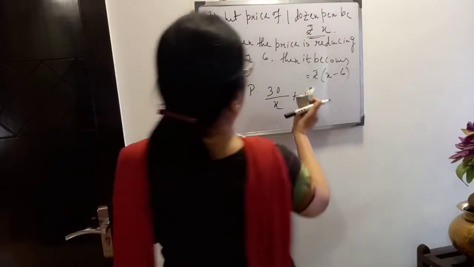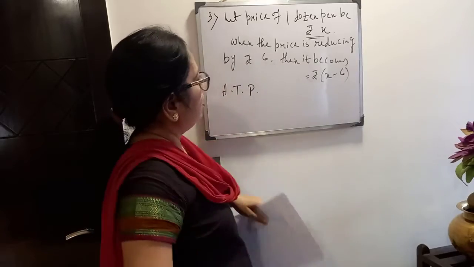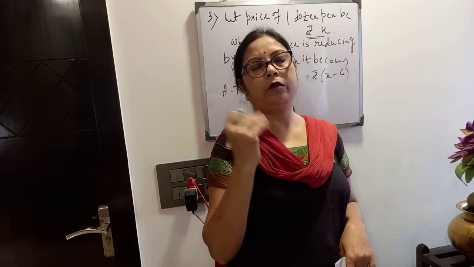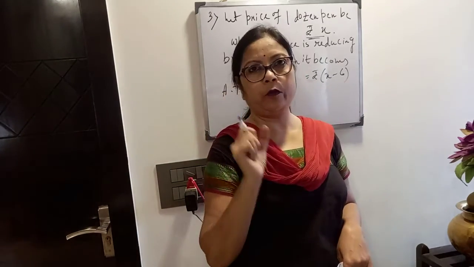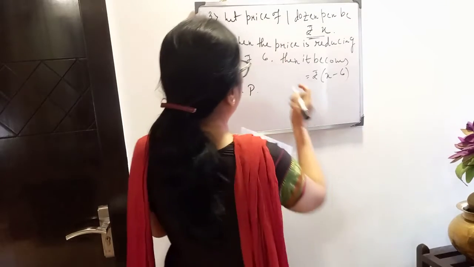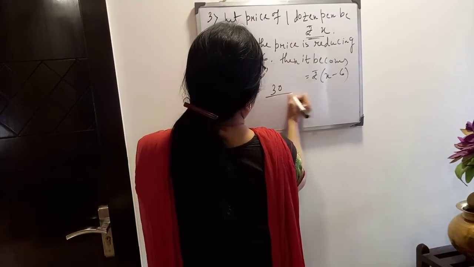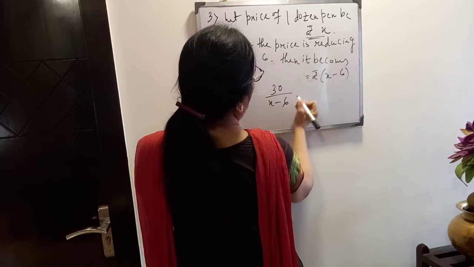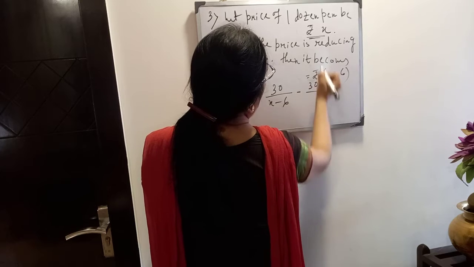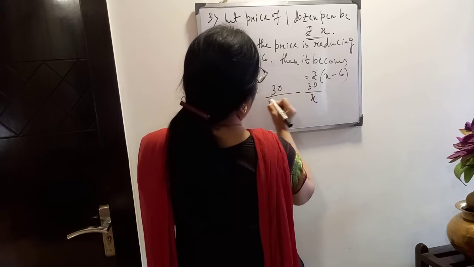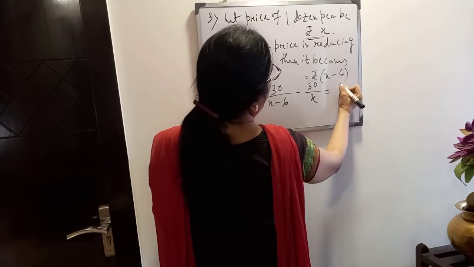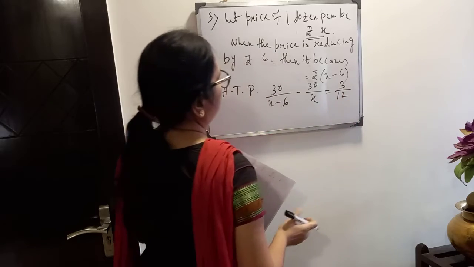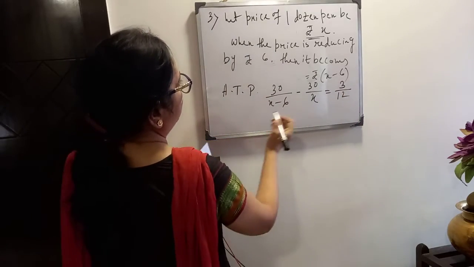Then the difference in both the cases becomes 3 pens. So you have to convert it to dozen, 3 by 12. So our equation will become 30 by x minus 6, when the price is reducing by 6 rupees, and this was original price x, then the difference in number of pens is 3. 3 means this side dozen, so you have to convert it to dozen by dividing by 12.